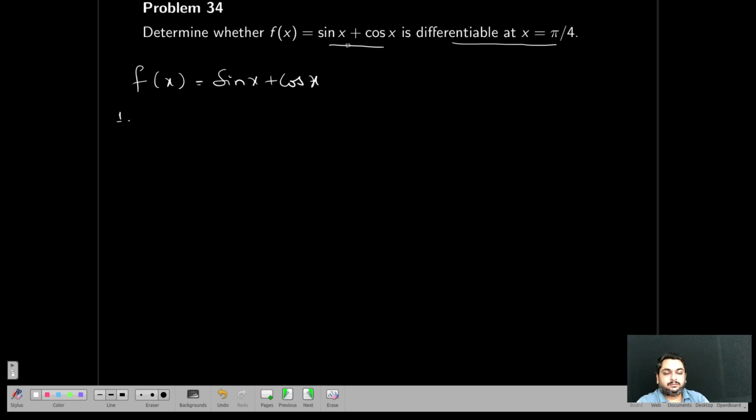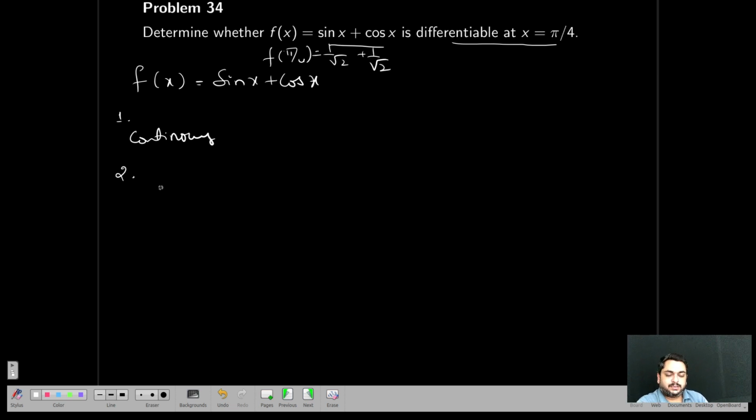Already we know that sin x plus cos x are continuous in the domain, and pi by 4 is in the domain of sin x and cos x functions. You can check it: sin pi by 4 is square root of 1 by 2, plus square root of 1 by 2, which is the f of pi by 4 value. So they are continuous.